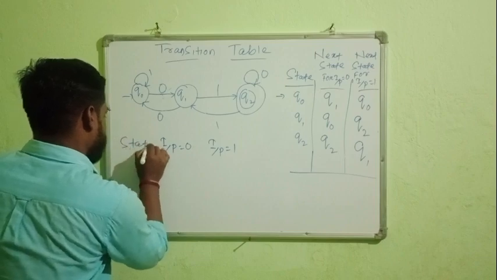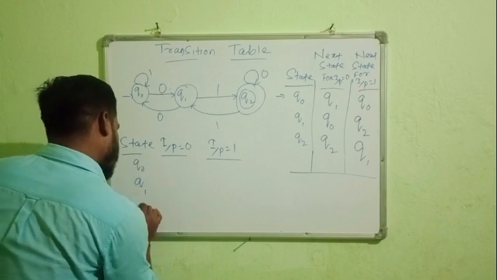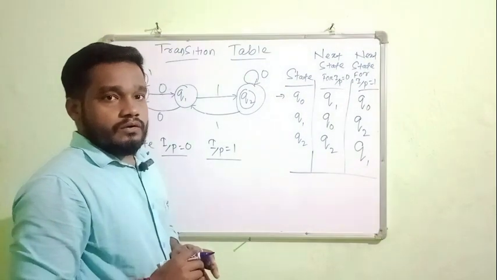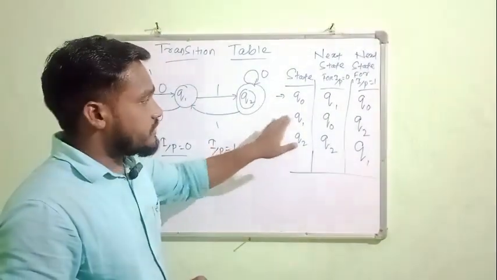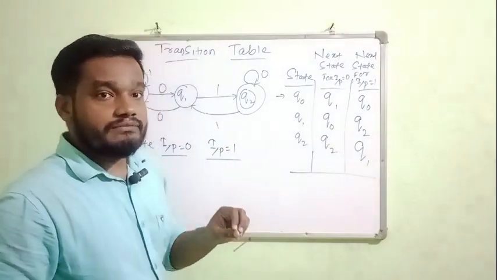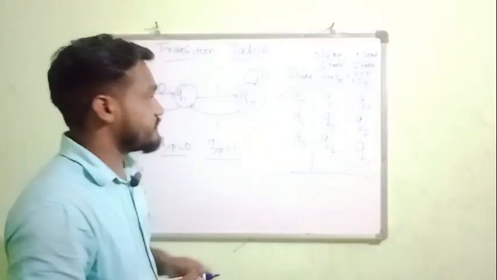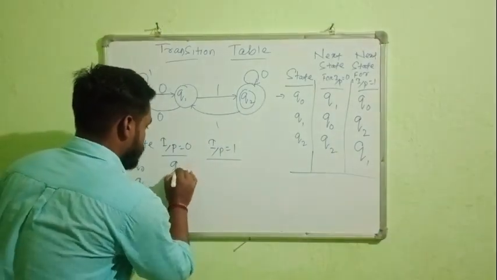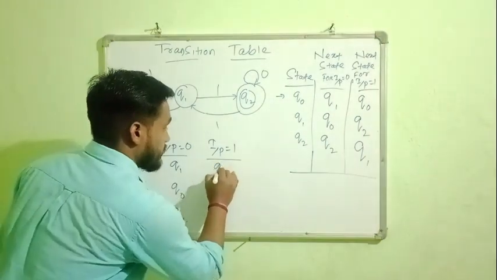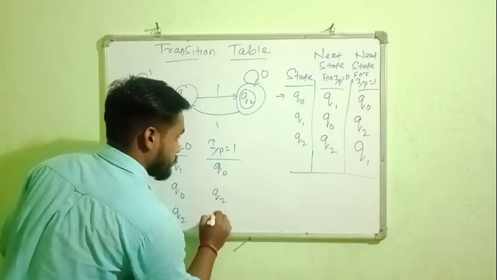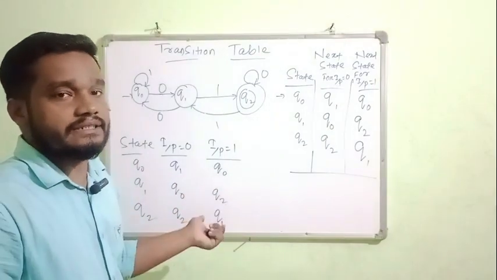State Q0, Q1, Q2. We got to know how to convert or create a DFA machine to a transition table. But now we will understand how to convert a transition table to a DFA machine. So we will simply write the procedure: Q1, Q0, Q2, Q0, Q2, Q1. Then how will we make a DFA machine from the transition table?